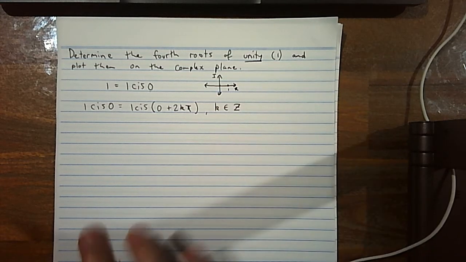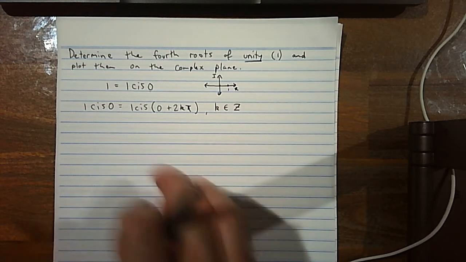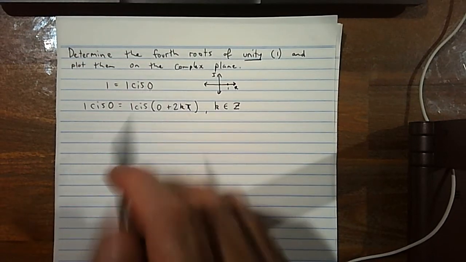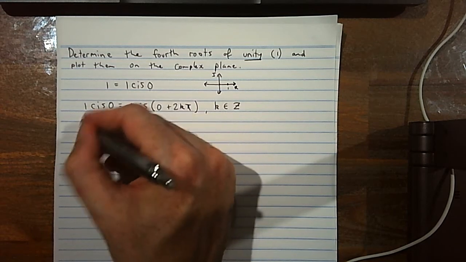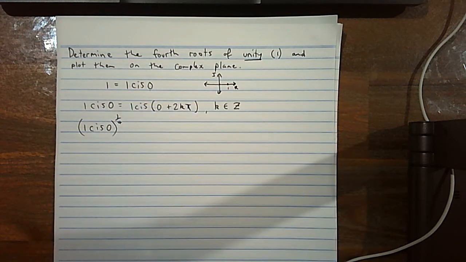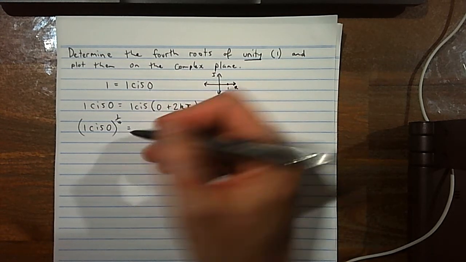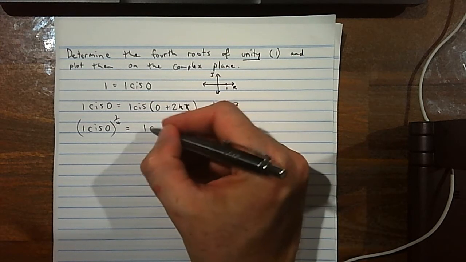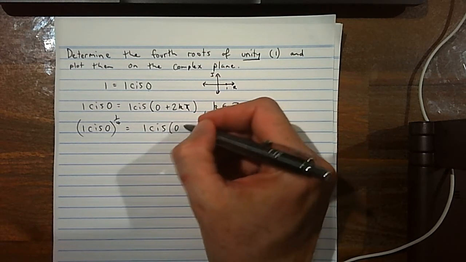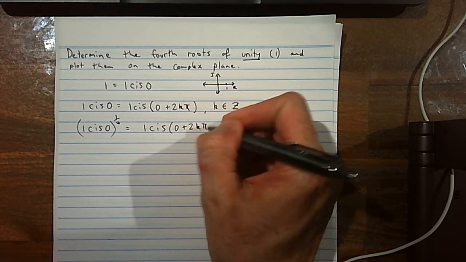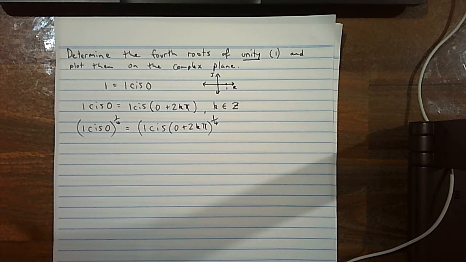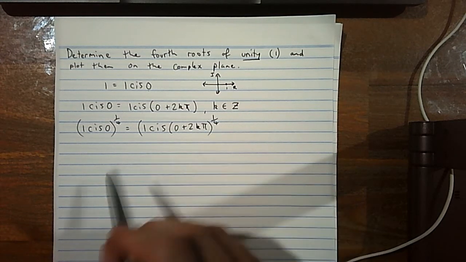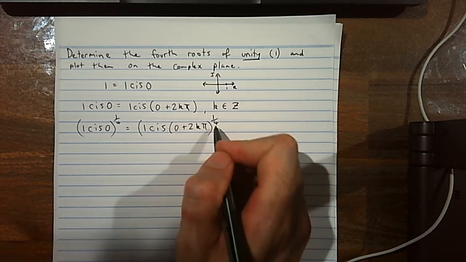So, one way that we might move forward from here is that we're looking for the fourth root. In other words, we're going 1 cis 0 to the power of a quarter. I could write it as to the power of a quarter, or I could write it as the fourth root. It's the same thing. And if I do this to these other scenarios, 1 cis (0 + 2kπ) to the power of 1 quarter, I use De Moivre's theorem, with a power of a quarter.